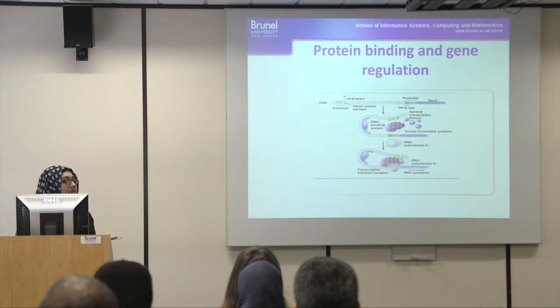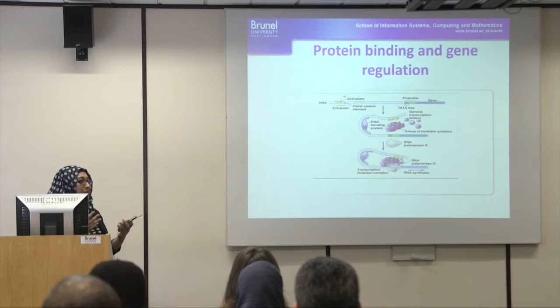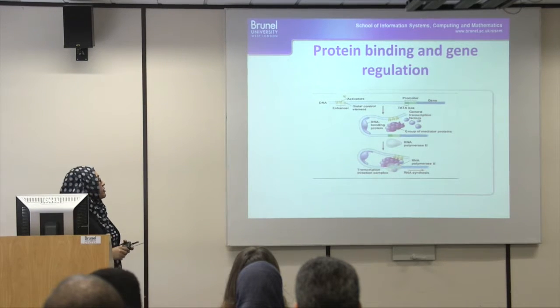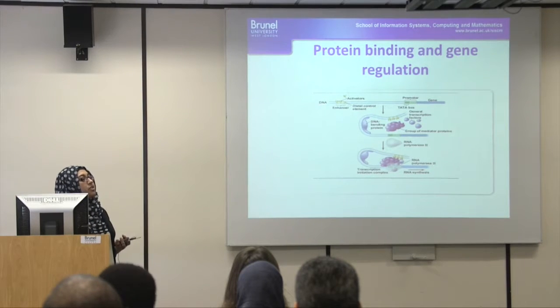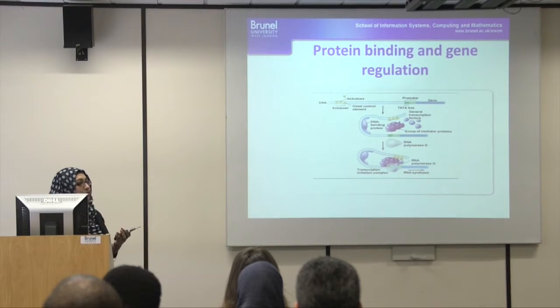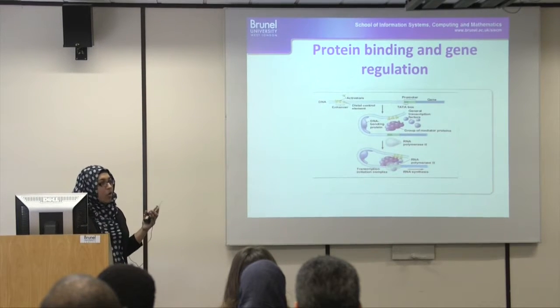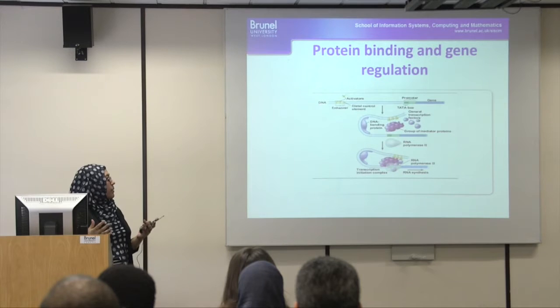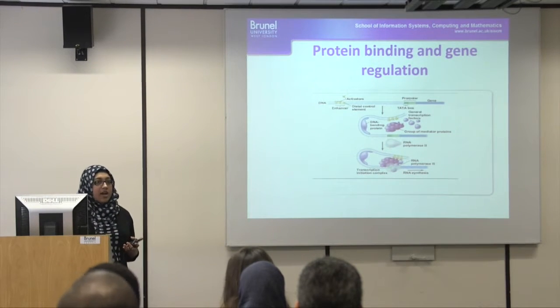So I will start my presentation giving a little bit of background on biology so that it would be easier for you to understand what I'm trying to do. Genes in our body actually produce proteins at different times and locations, so that our normal biological development process can go on. But not all genes are active all the time.